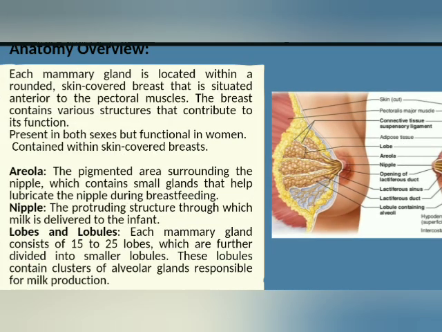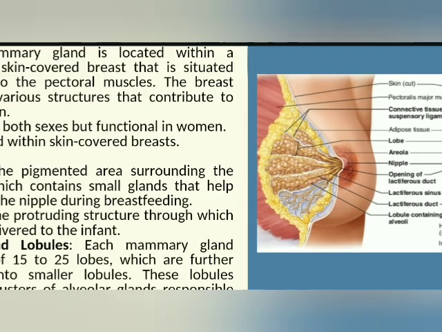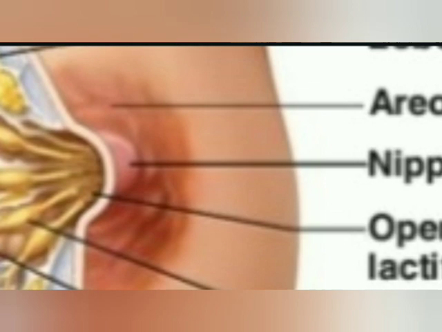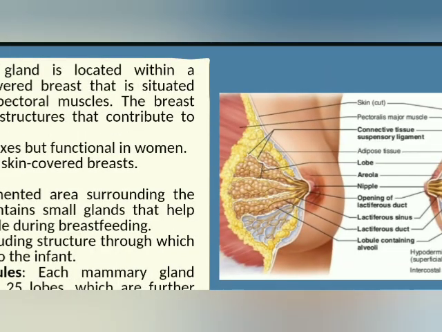The next part is the nipple. The nipple is the protruding structure through which milk is delivered to the newborn. So that was really a functional one. This is where the nipple is located, just on top of the areola.